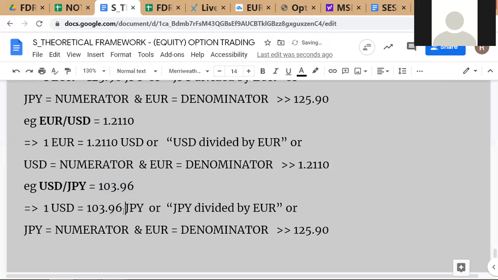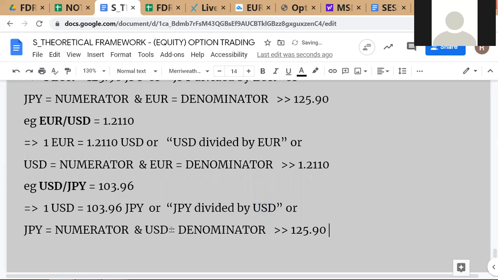Or this is again JPY. Is equal to USD divided by EUR. USD numerator, Euro denominator is fine. Dollar yen here 103.96 means 1 USD is equal to 103.96 JPY, or JPY divided by USD. JPY numerator and USD denominator.